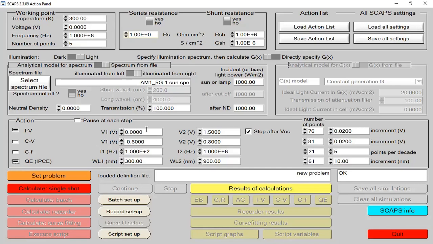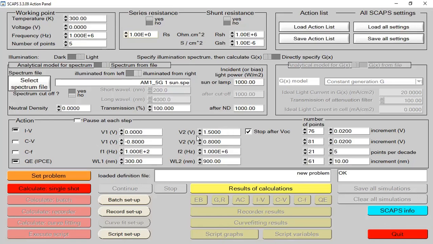Next, I need to set my voltage value. I am going to set a little bit higher value, and in a later session I will explain how we can arrange the values of V1 and V2 so that our simulation and graphical representation are smooth.